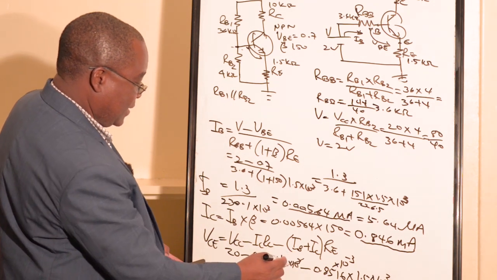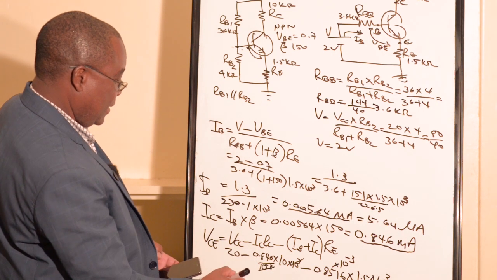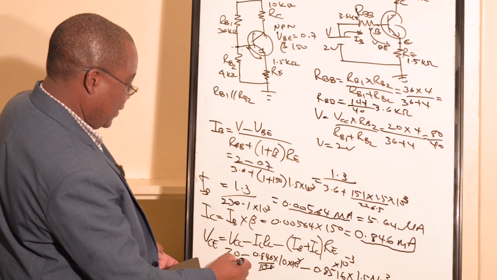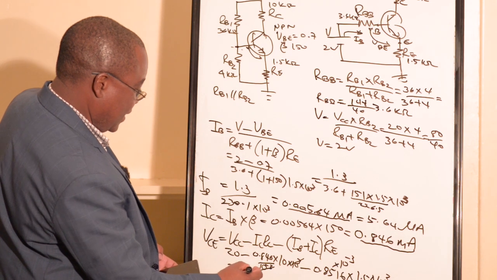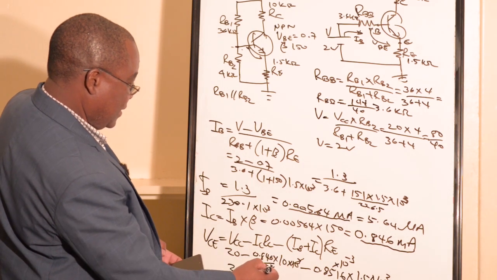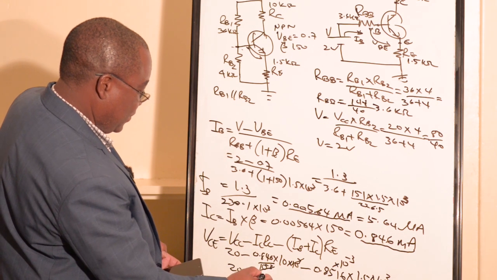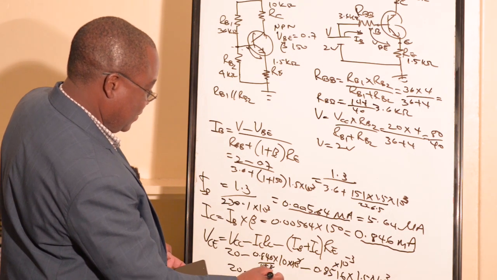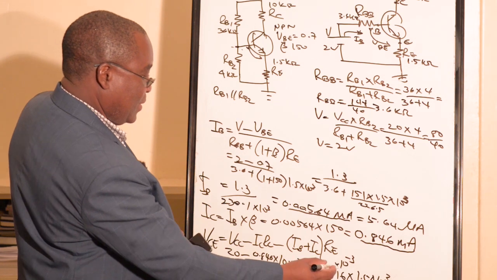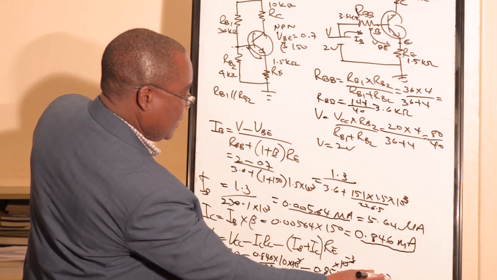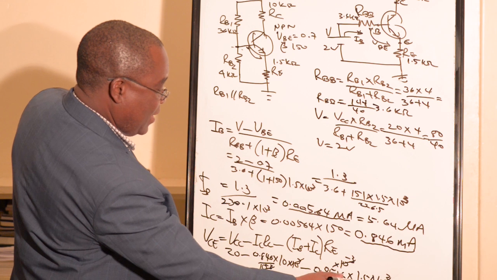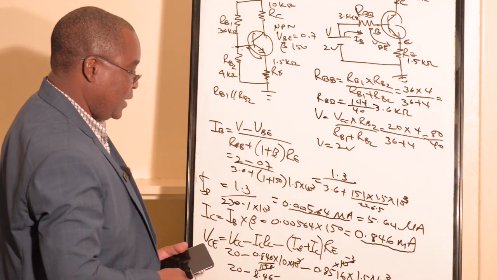So these are cancelling each other. So we have here 20 minus 8.46 minus, so these are also cancelled. So it's 1.5 times 0.8.